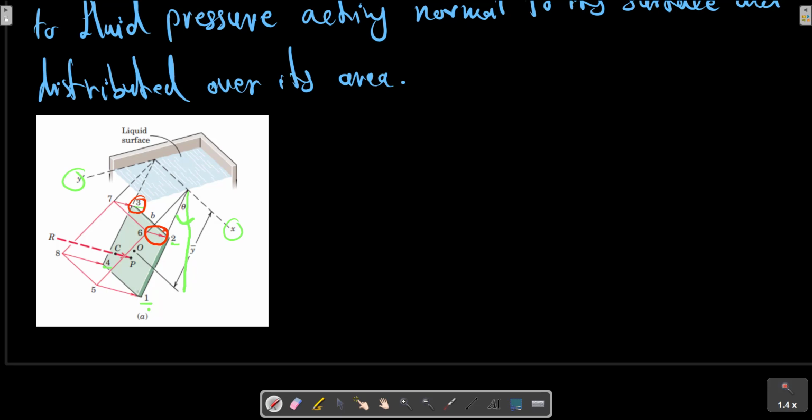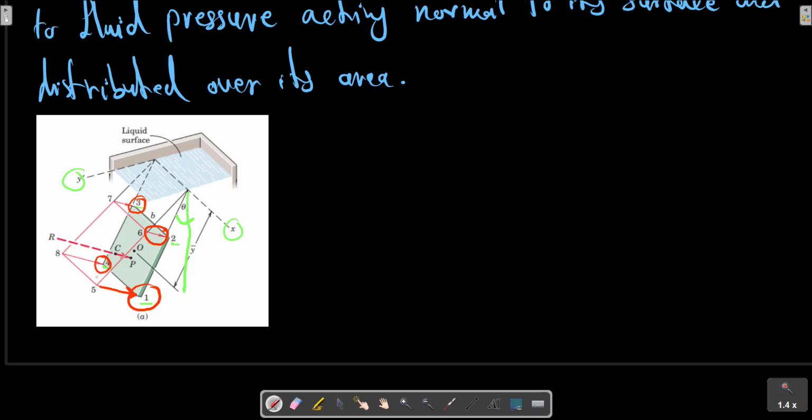And for point 1 we have the same description. At point 1 on the lower edge, the fluid pressure equals rho g times the depth of point 1, and this pressure is the same at all points along the edge 1 to 4.